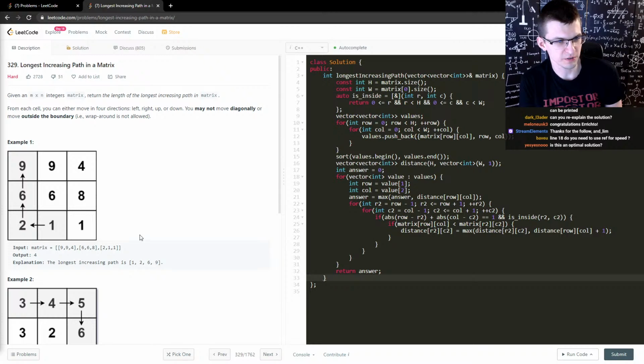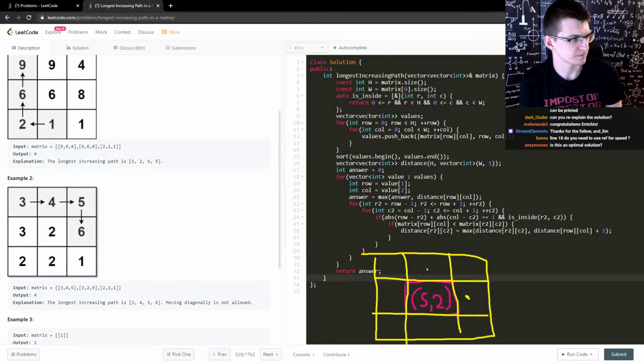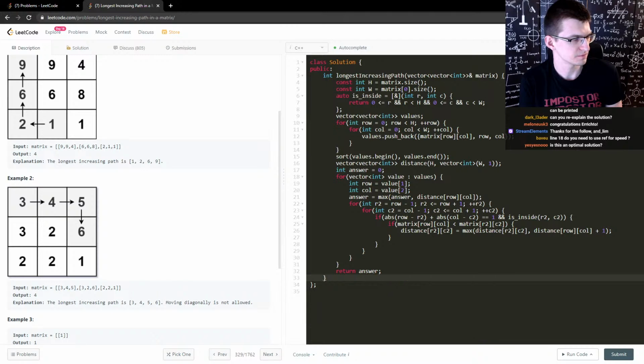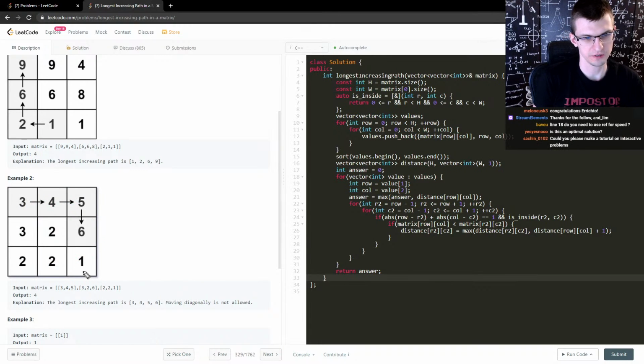Can you explain the solution? Yeah, I can again simulate it here, or maybe there, just briefly. We sort all the cells by value.